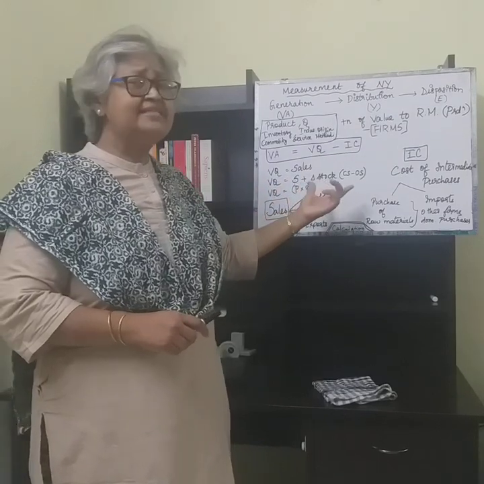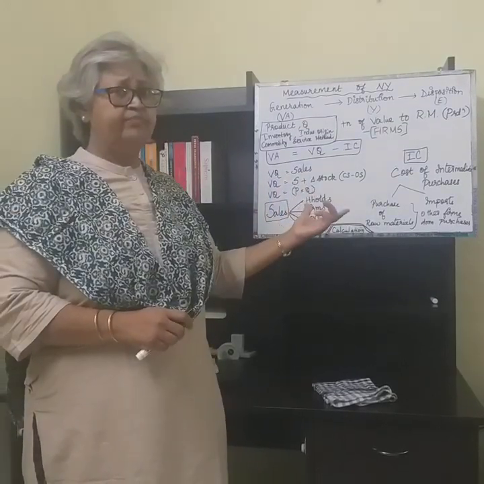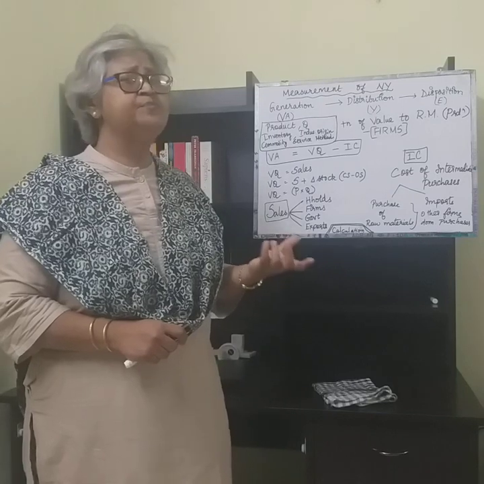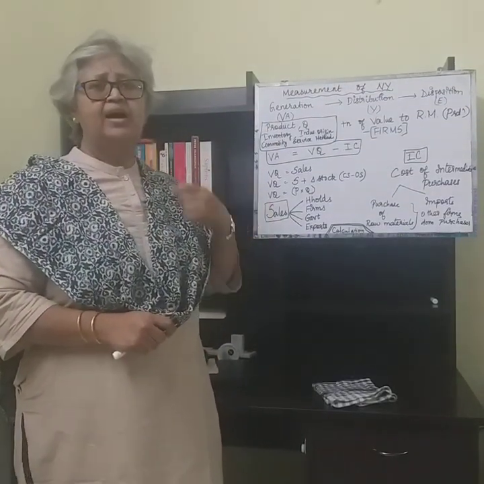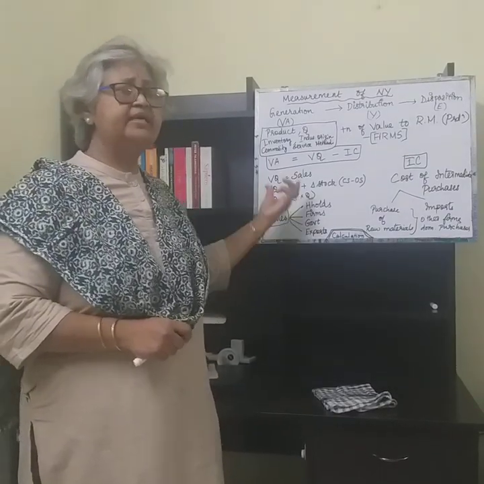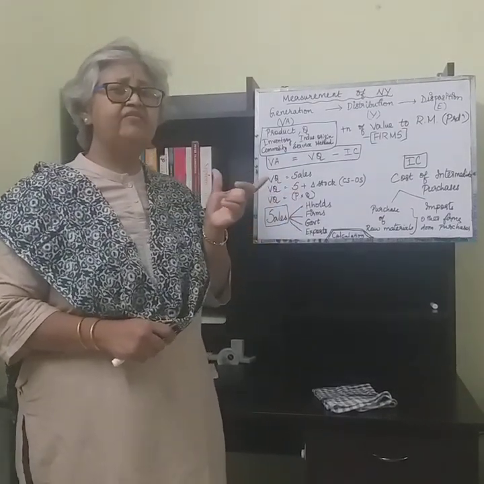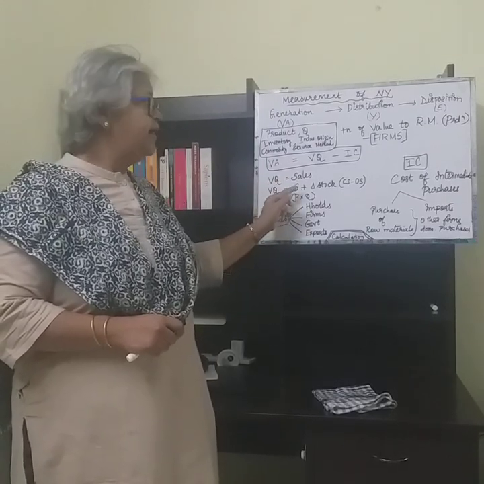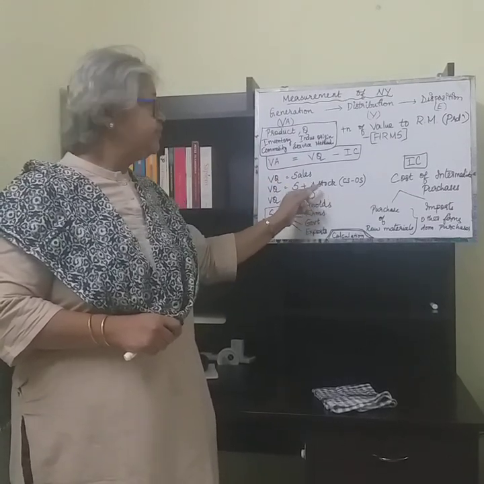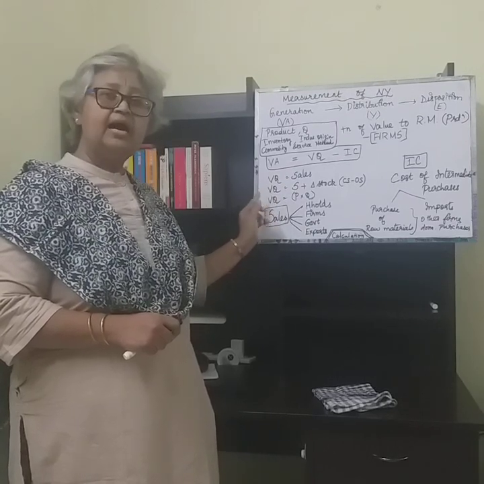So why is it that change in stock is accounted for? Because it is change in stock which is precisely going to tell how much value addition was made in terms of stock during the particular year of calculation. So it would be the sales plus the change in stock which would give you the value of the output.